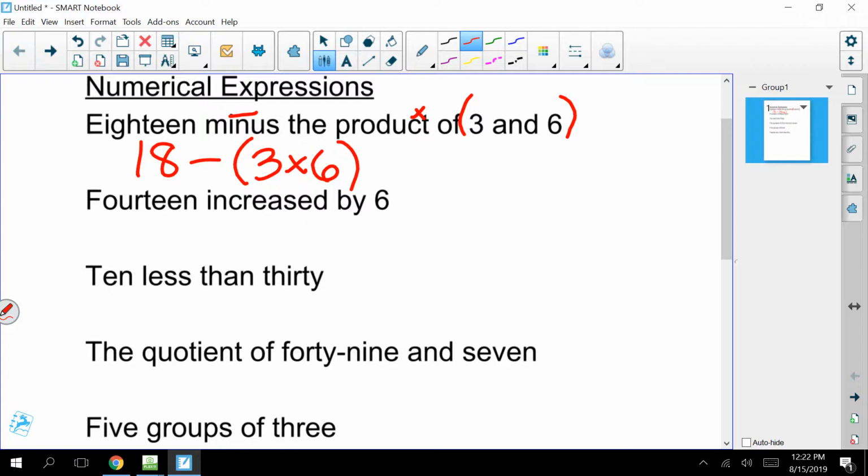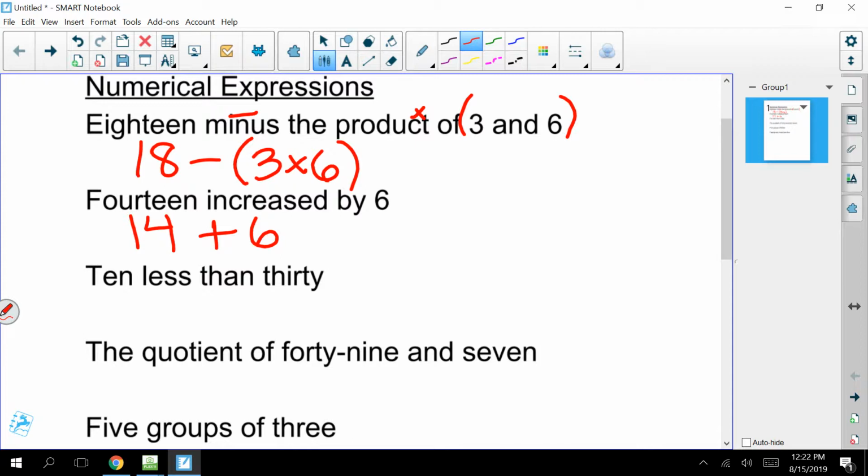Okay, the next one, 14 increased by 6. So what does increased mean? Adding. So I'm simply just 14 plus 6. These are expressions, meaning that they do not have an equal sign and an answer to them. Okay? So when it asks for a numerical expression, this is your answer.